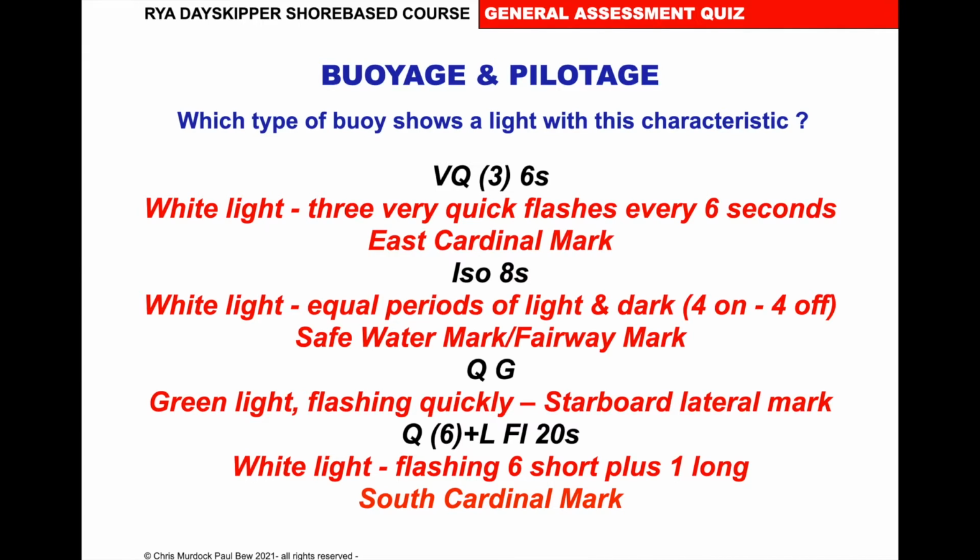Iso, white light, equal periods of light and dark, 4 seconds on, 4 seconds off to make up the 8 seconds. It's a safe water mark or a fairway mark. QG, a green light flashing quickly, quick green, starboard lateral mark. Q(6) plus a long flash every 20 seconds, a white light flashing 6 plus 1 long. It's a south cardinal mark.